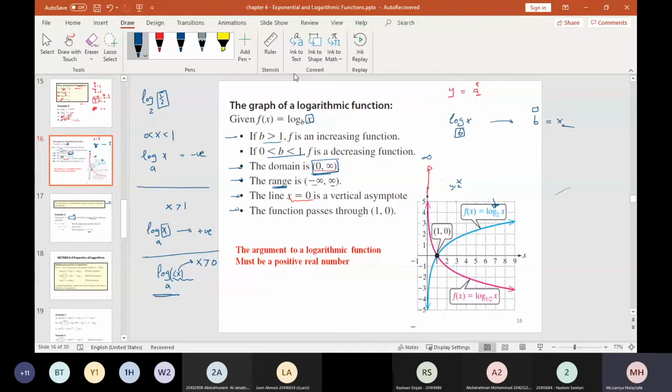Can this x be negative? Is there any possibility for that? It cannot, never. Why can it never be negative? Because b is positive. And any positive number, take any positive number, 2 to any power, 4, 3, minus 3, whatever, the answer is going to be positive. What is 2 to the power minus 3? Actually, it is 1 over 2 to the power 3, which is equal to 1 over 8. It's going to be positive.